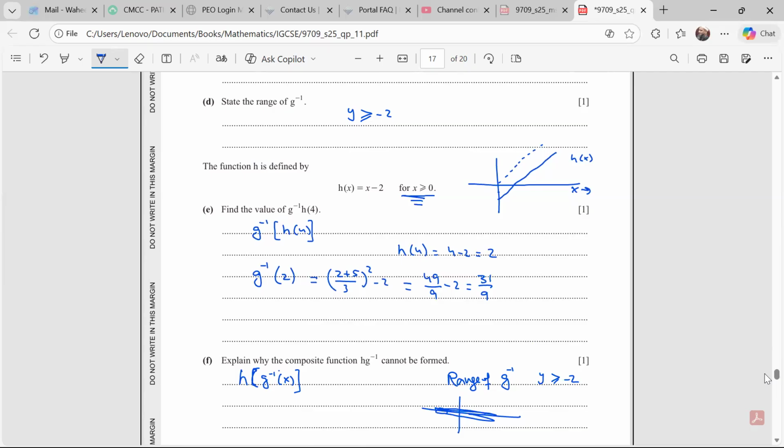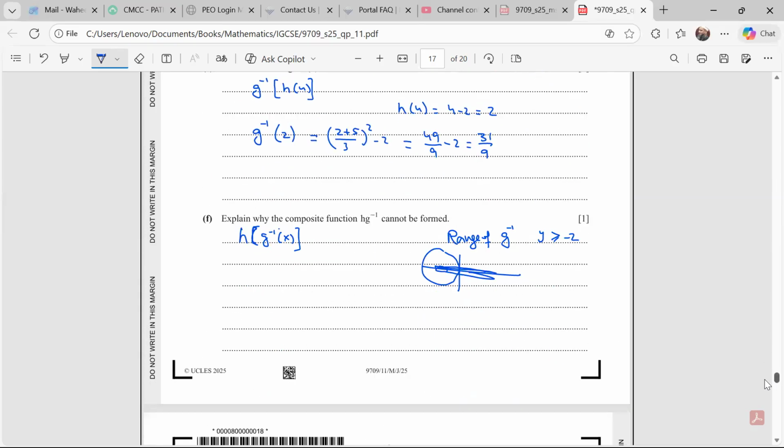But in the range of g inverse, I have some values which are not part of the domain of h of x. That's why this function cannot be formed. I hope it's clear. Try to imagine that whatever is the range of this function is not covered by the domain of h, so it will not cover all of it. I hope it's clear.